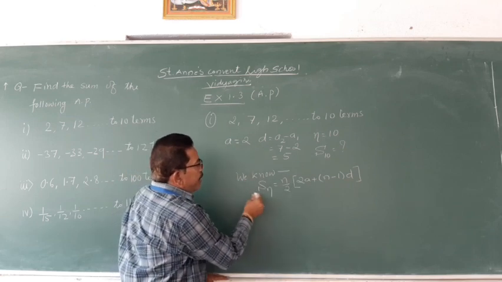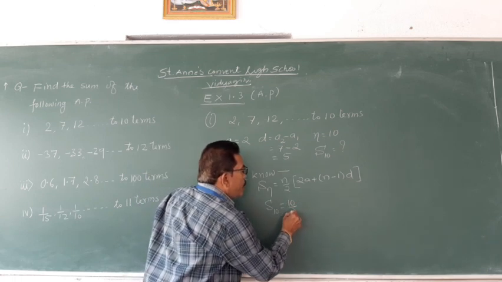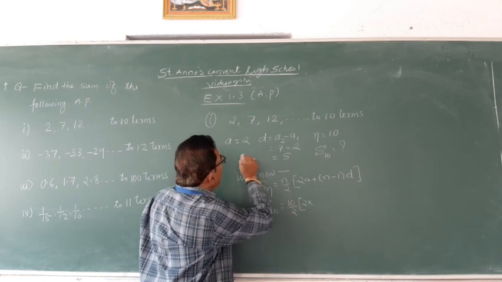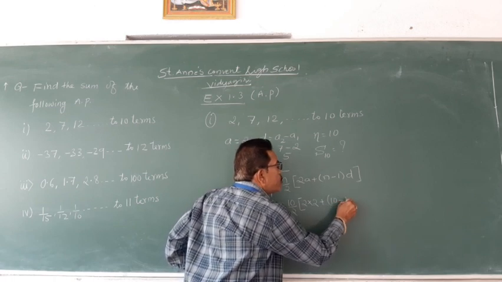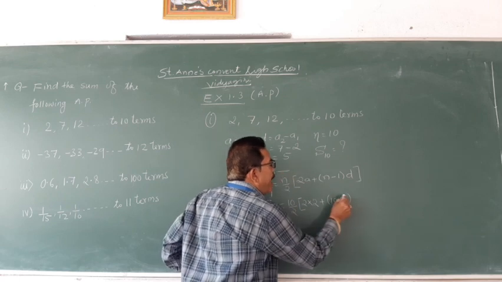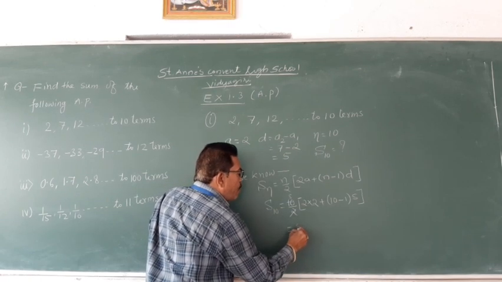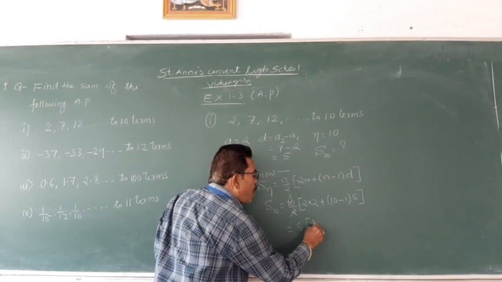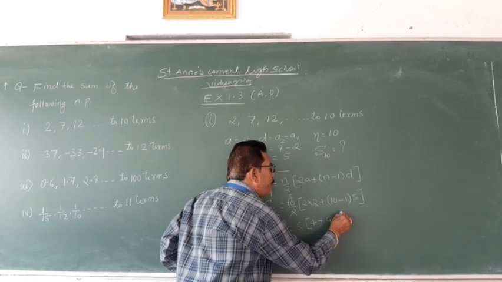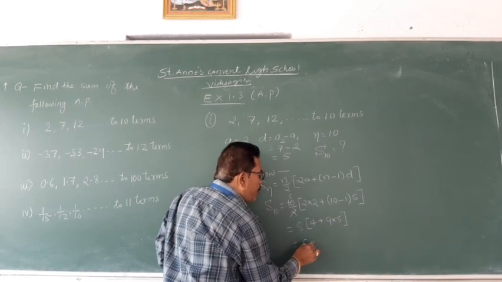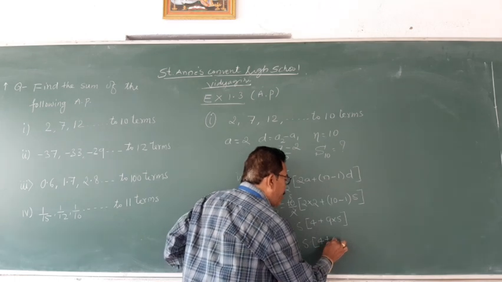Substitute the values: S10 equals 10 by 2 in the big bracket, 2 into 2, plus (10 minus 1) into 5. 2 twos are 4, plus 9 into 5, so 5 into (4 plus 9 fives are 45).